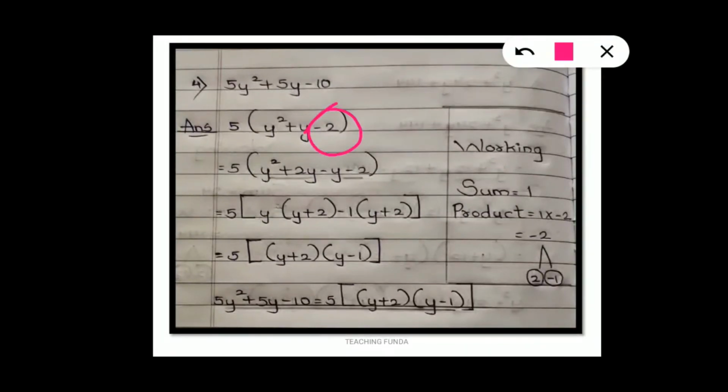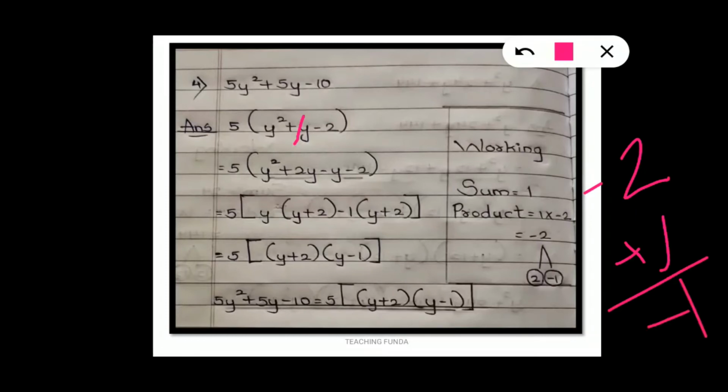Here the sign is plus y, plus 1, meaning when you add the factors you must get plus 1, so 2 into minus 1. Because if you take minus 2 and plus 1 you will get minus 1, but here you want plus 1. That's why you have to take plus 2 minus 1.